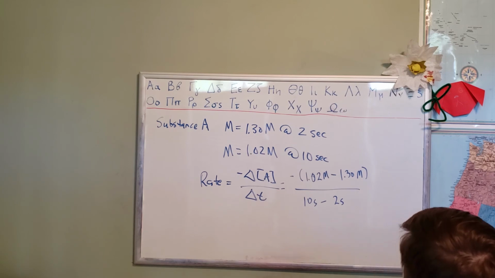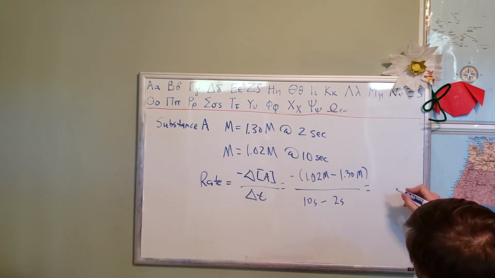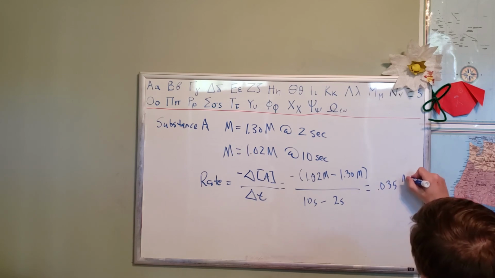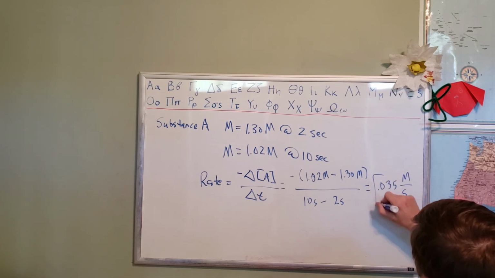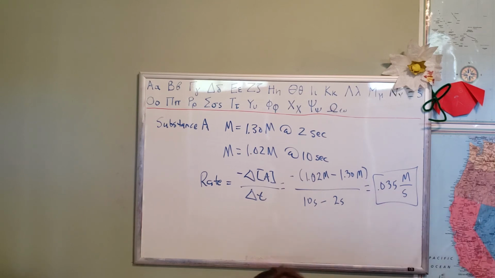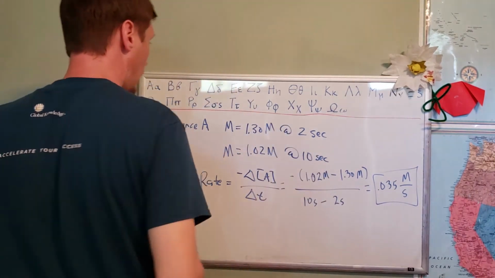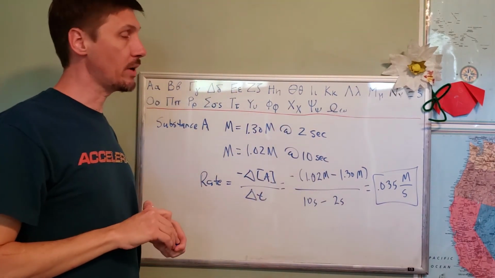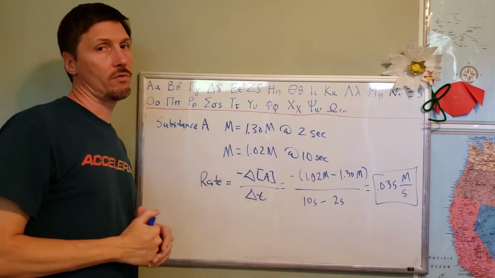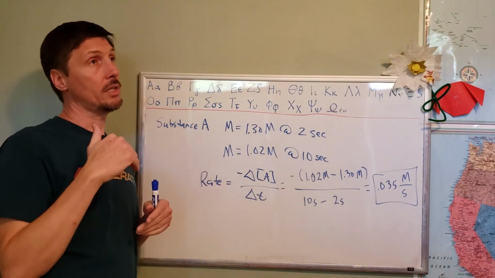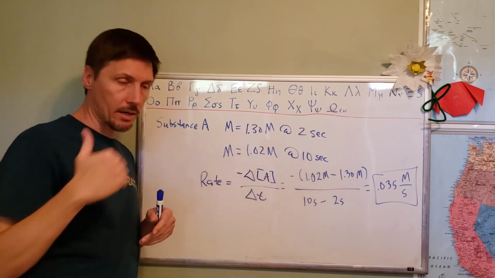That'll give us the change in time. And so we punch that in our calculator and we get a value of 0.035 molarity per second. That's our unit there. So that's how we determine the reaction rate if we know the concentration of a particular substance in the reaction at one point in time and another point in time.